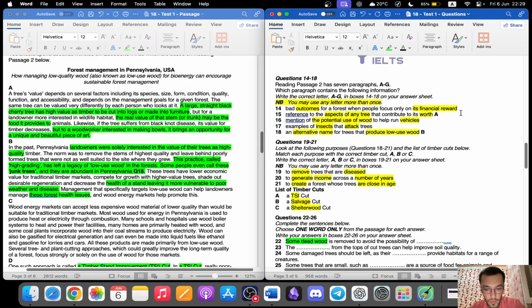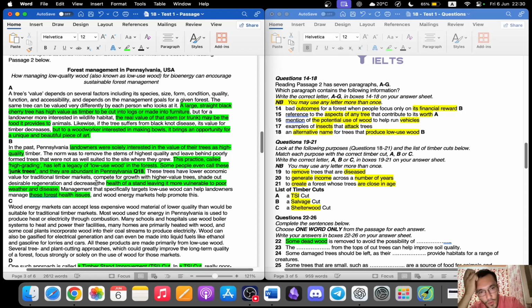There we go. I think I was right with question number 14 as well, with the chance that it is B. Because a bad outcome for a forest means that low use wood, wood that is very low in quality, has lower economic value, and so they have to compete for growth with higher value trees, and so shade out desirable regeneration and decrease the health of a stand, leaving it more vulnerable to poor weather and disease.